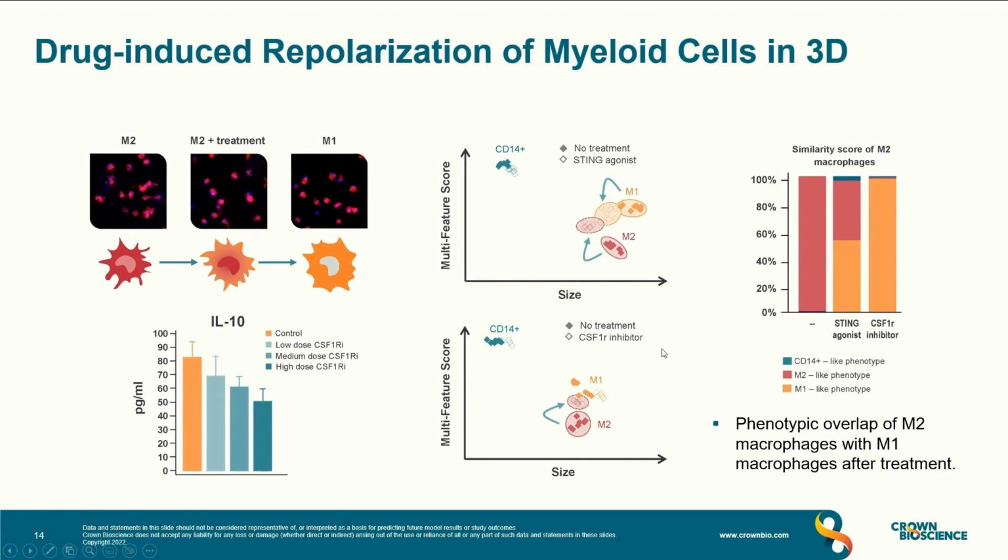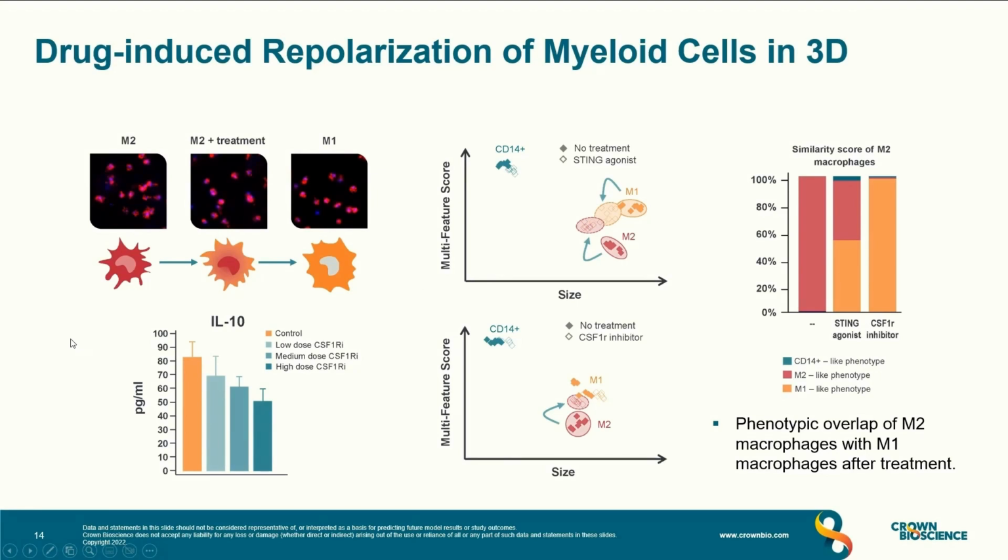You can clearly see a shift in the space towards M1 phenotype from the M2. So this is working really well. It is not only our morphological features that are in line with this, but also, for example, the excretion of IL-10. We can see that this also corresponds to more M1-like macrophage behavior.